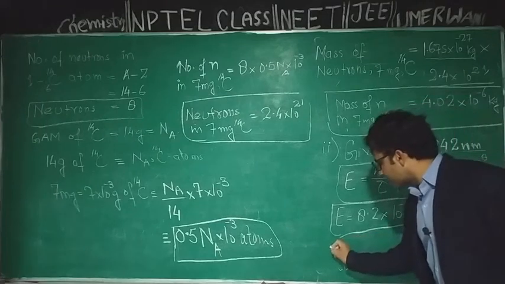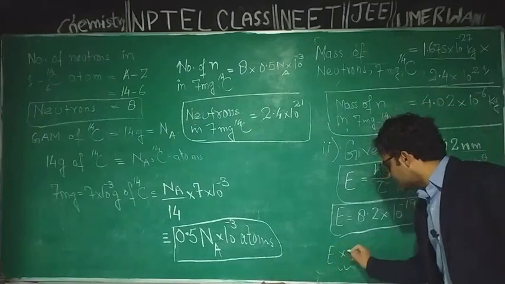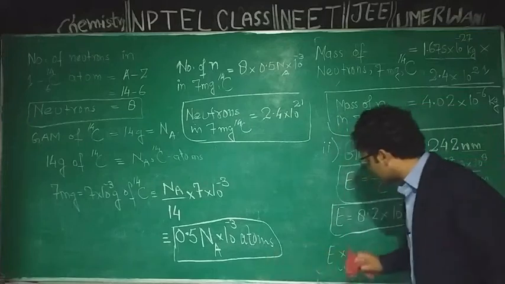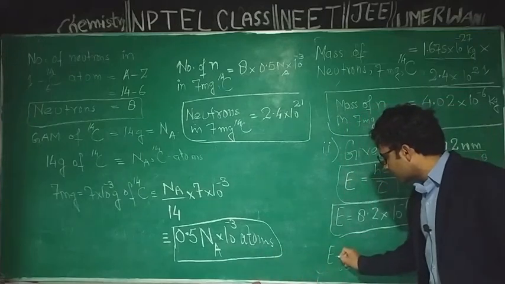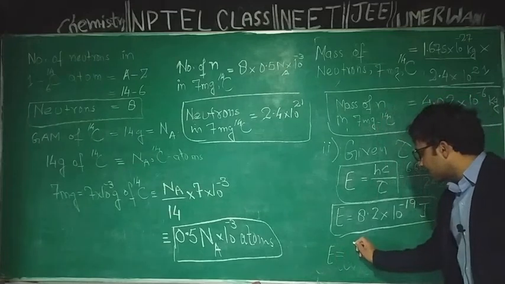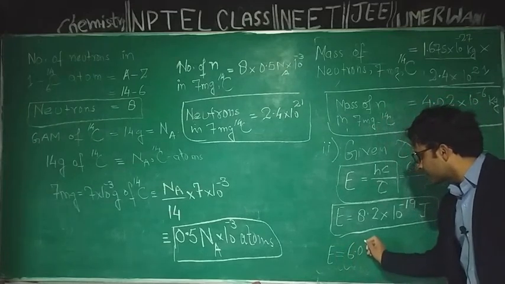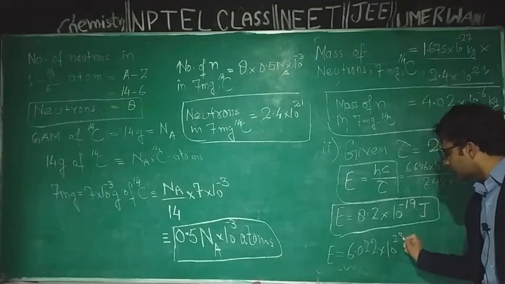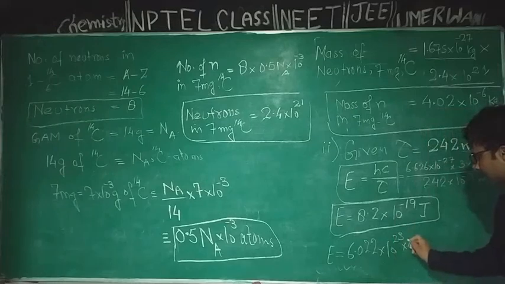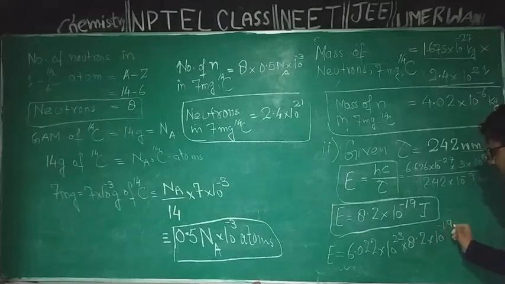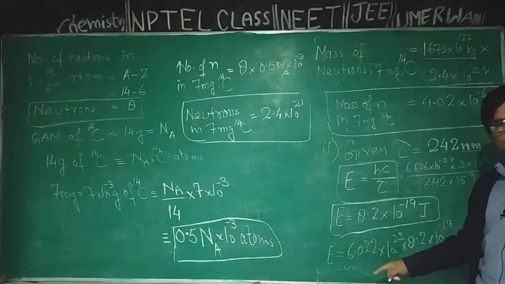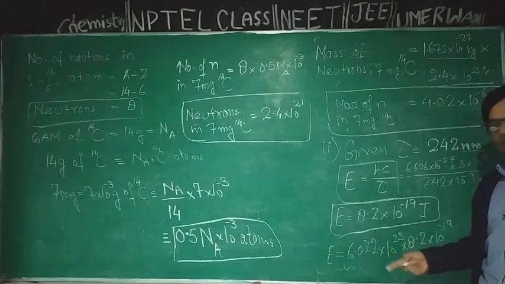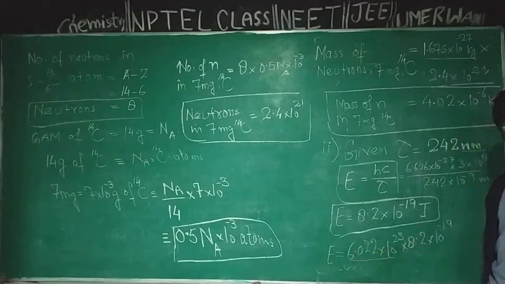In order to calculate ionization energy per mole, I will multiply this value by Avogadro number, 6.022 into 10 to the power 23, multiplied by 8.2 into 10 to the power minus 19. This way I will get this energy value per mole for these Avogadro number of sodium atoms.